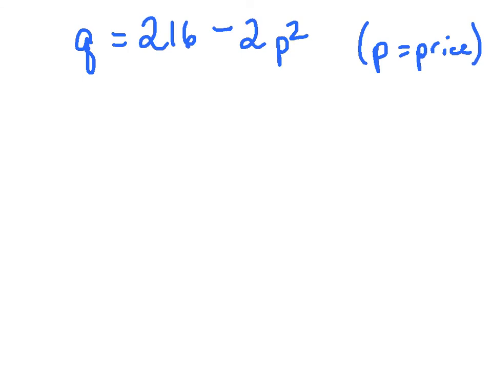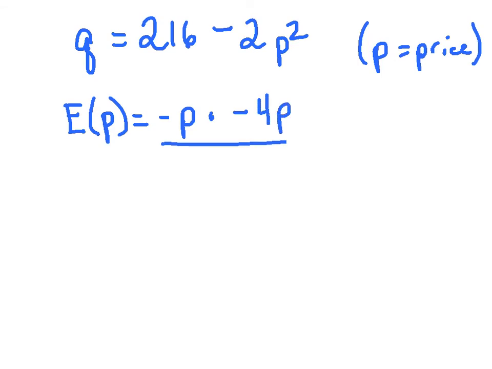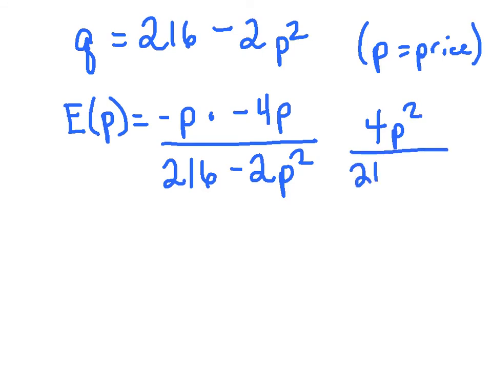Let's start by finding our elasticity function, and this time I'll go ahead and use E of p, but we know that it's going to be the opposite of p times our derivative here, which would simply be negative 4p all over our original function, 216 minus 2p squared. This simplifies to 4p squared over 216 minus 2p squared.